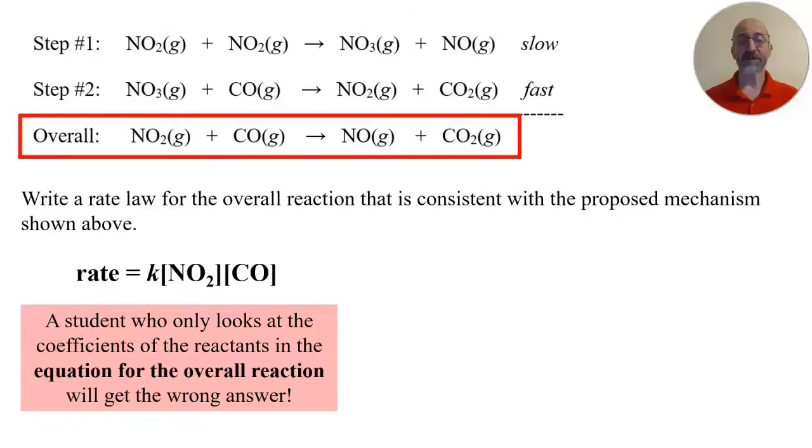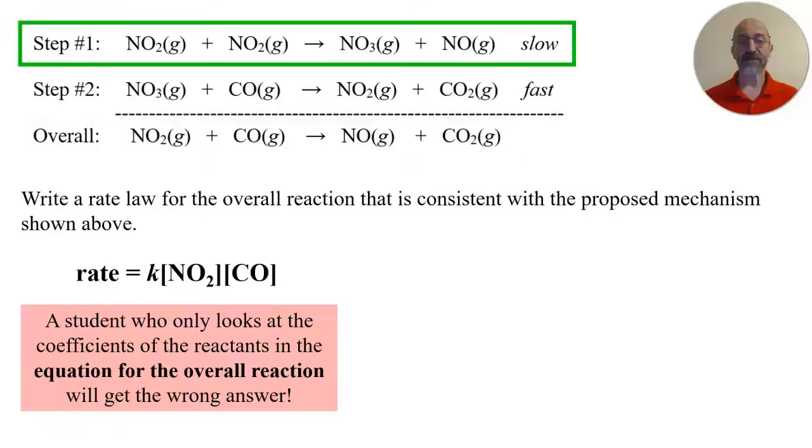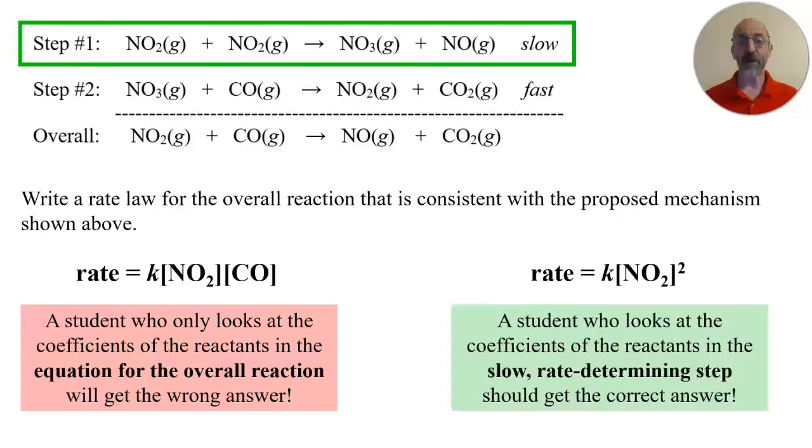Now, let's do what we are supposed to do. Let's focus our attention on the fact that in the slow step, there are 2 molecules of NO2 that appear as reactants. So if a student looks at the coefficients of the reactants in the slow rate determining step, then that student should get the correct answer.